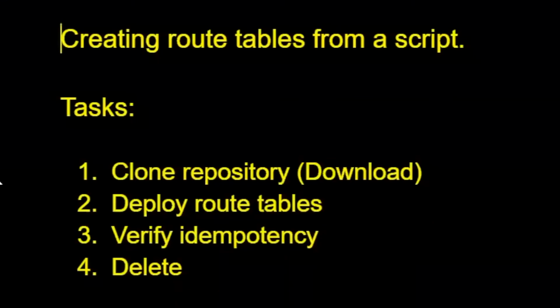We cloned the project. We deployed route tables. We verified idempotency is working as expected. And we were able to delete. But just remember, if a resource has any dependencies, you can't delete it. You have to remove the dependency, and then come back and delete it.